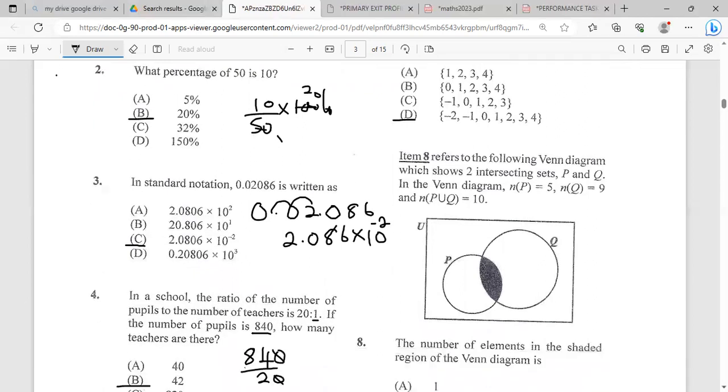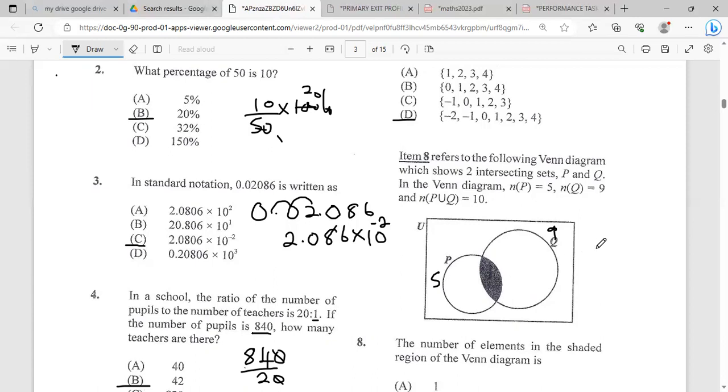In the Venn diagram, we have 2 intersecting sets P and Q. The number in P is 5 and the number in Q is 9, and P union Q is equal to 10. So when you add both of them, you're supposed to get 10, and they want us to find out what the intersection is.